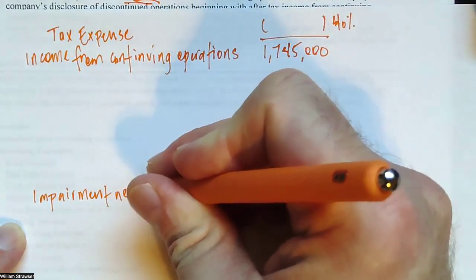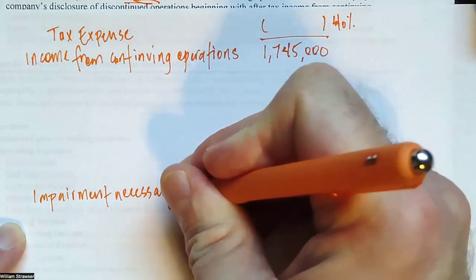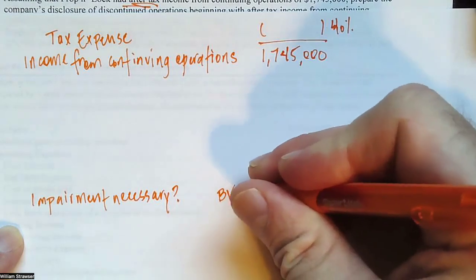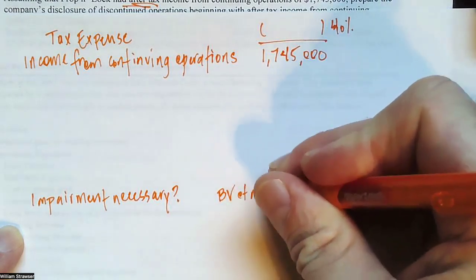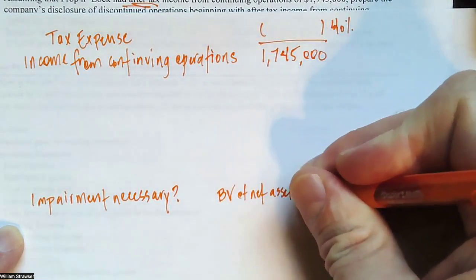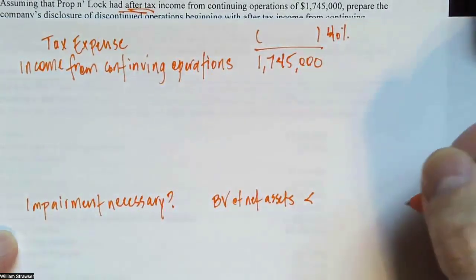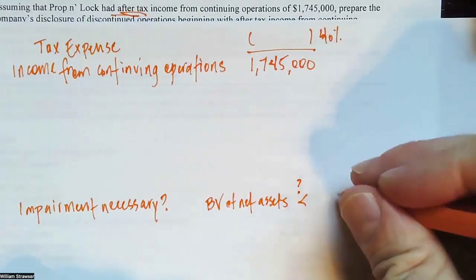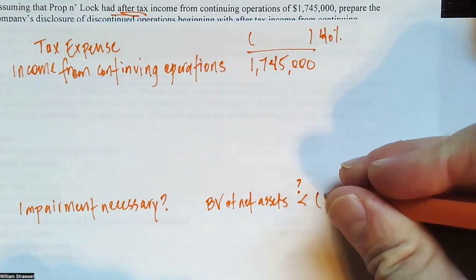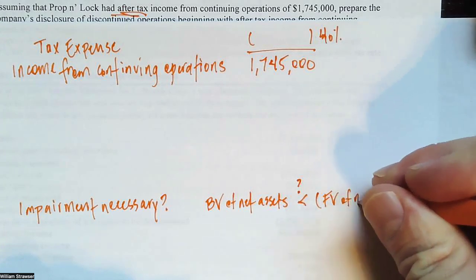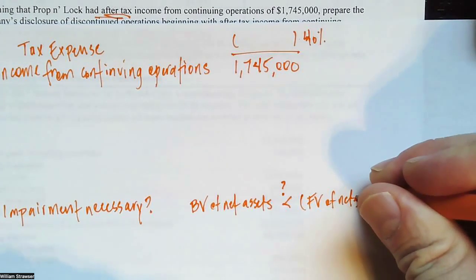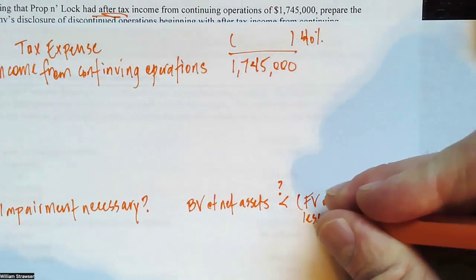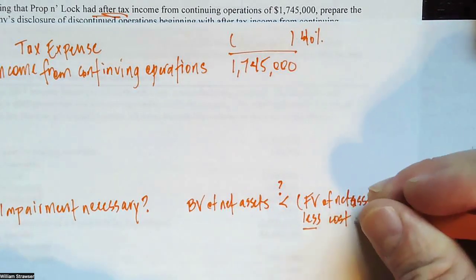so to determine whether impairment is necessary, what we're going to look at is the book value of net assets. And we're going to compare that against the fair value of net assets less cost to sell.